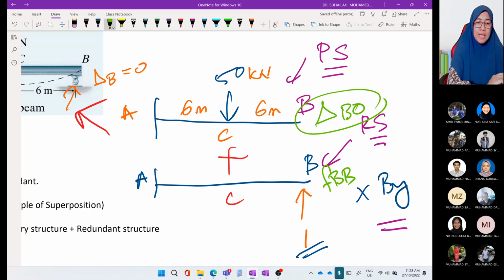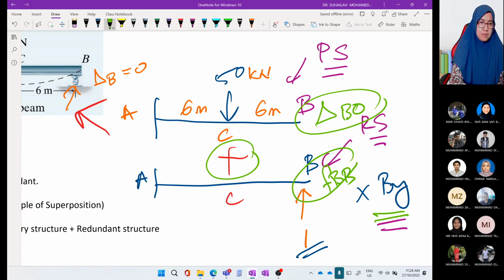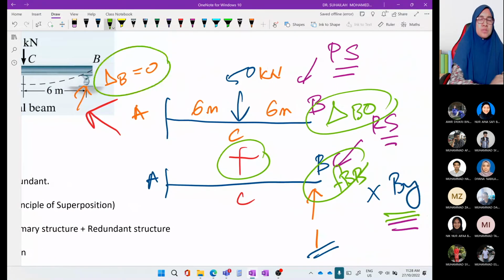That is why we get delta B naught plus FBB times By equal to 0.